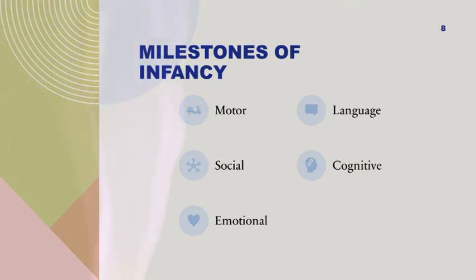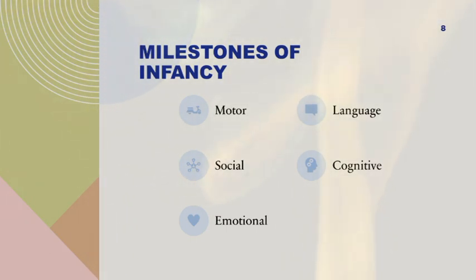Key milestones include lifting their head, rolling over, sitting unassisted, crawling, pulling to a stand, and then eventually walking. These motor achievements reflect the maturation of neuromuscular coordination and contribute to the infant's increasing independence and exploration of their environment.